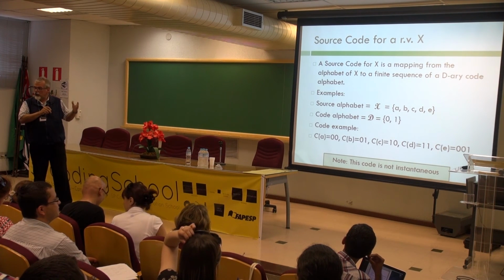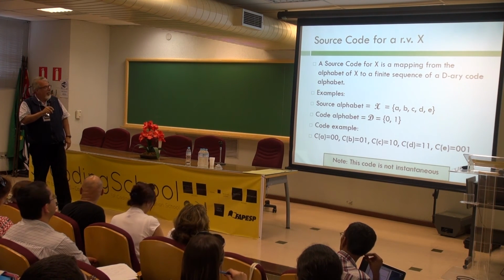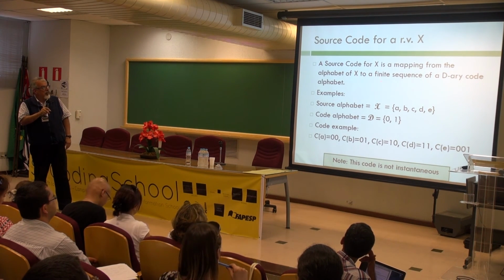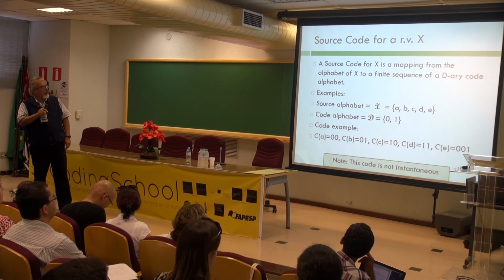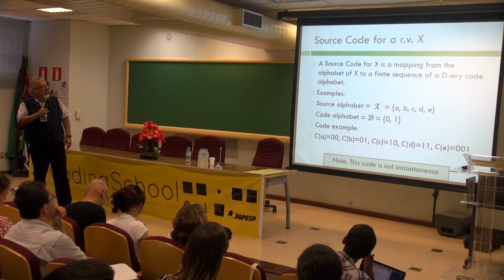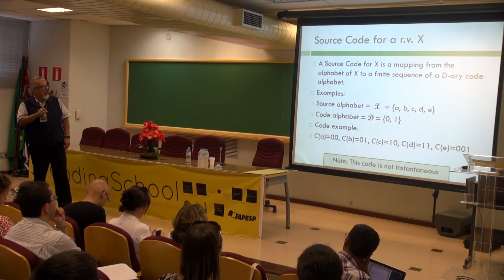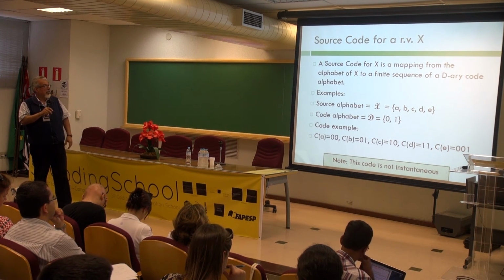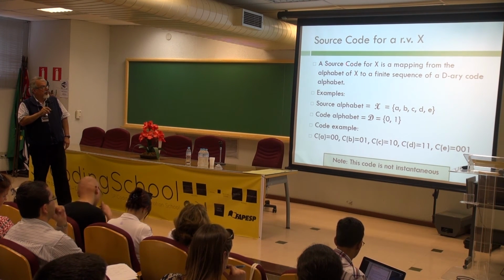just looking at a very simple code. A source code X is a mapping from an alphabet of a certain source to a finite sequence of D-ary code alphabet. Okay, D could be 2, could be 3, could be some given alphabet for the code, which is different from the alphabet for the source.